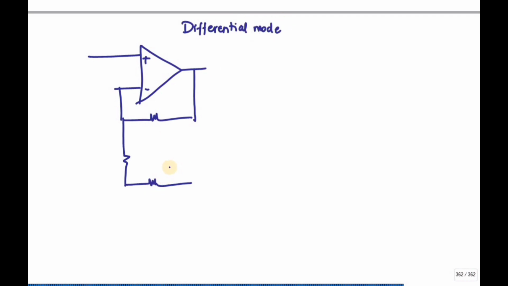So let me take this as VD and this one as equal to 0. So this is 0 and this is VD.